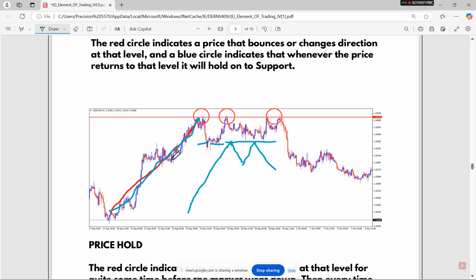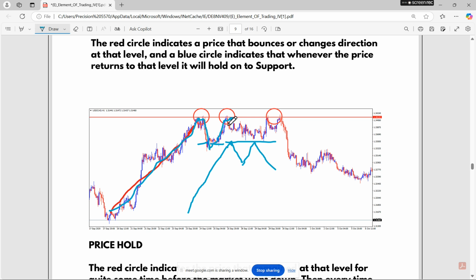So here the market bought up to here, rejection started happening, and then sellers pushed the market down. Then buyers tried to push the market up again, and when they pushed it back up, the market reached the resistance zone, because sellers had already taken over this entire zone.